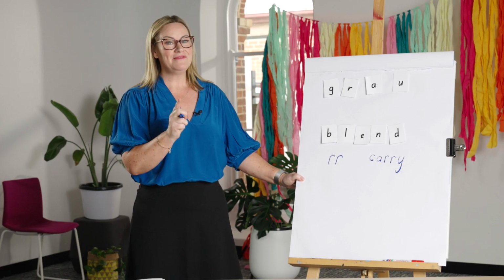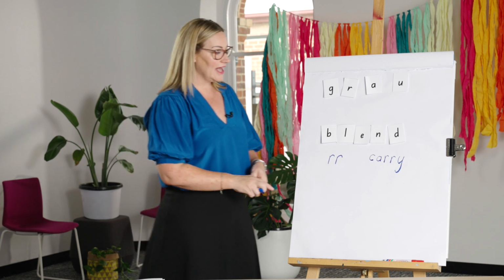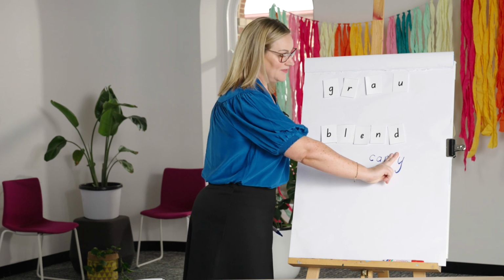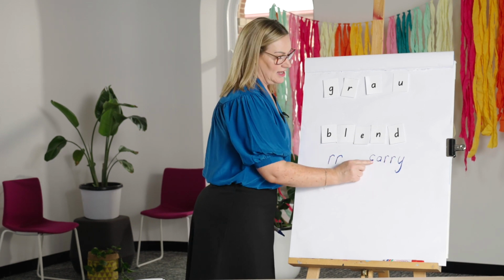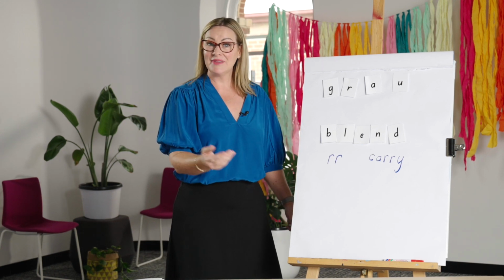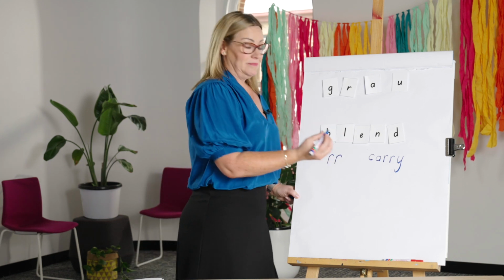Now, why do we have that there? We have it there so it doesn't look like an R-controlled spelling. Because if this was an R-controlled spelling here, this would be carry. That's not the word. The word is carry. Let's take the word cherry.